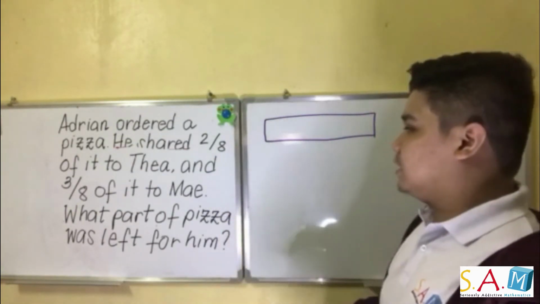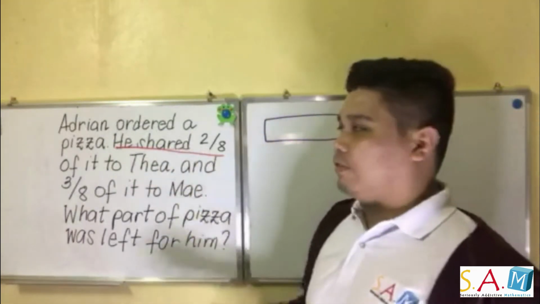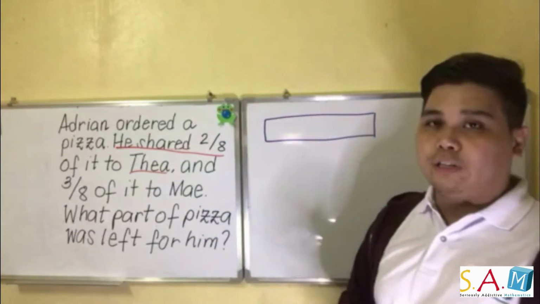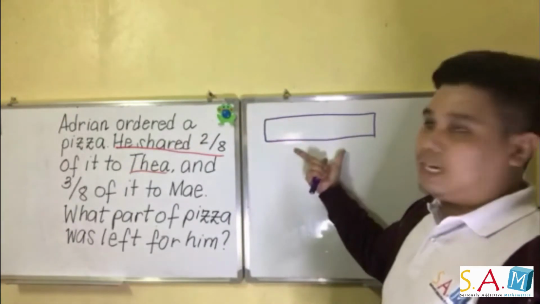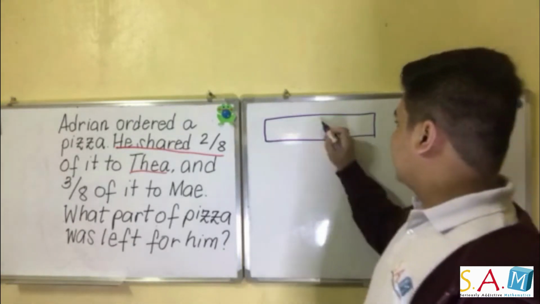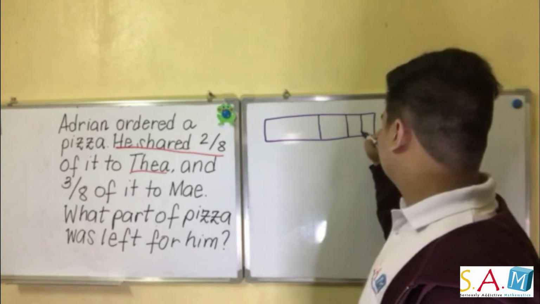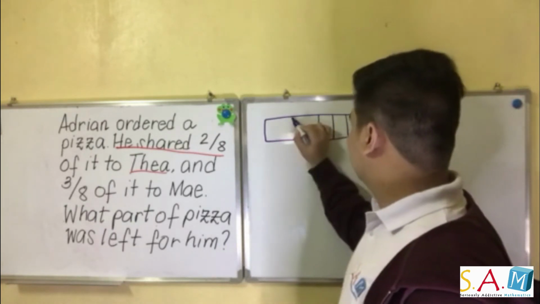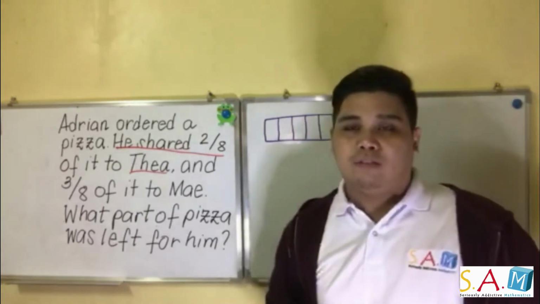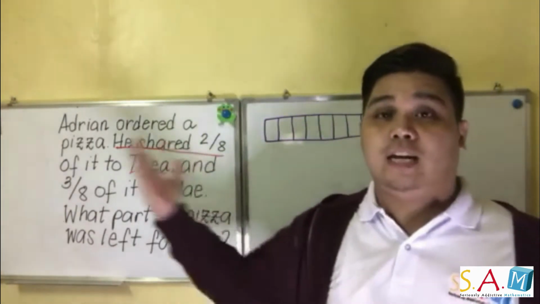Now, let's dissect the problem one by one. The first is, it is stated here that he shared 2/8 of it to Thea. So the first thing that we're going to do is divide this whole bar into 8 equal parts. So let's divide it. Now, after we divide it, we're going to shade 2/8 of it because he shared it.